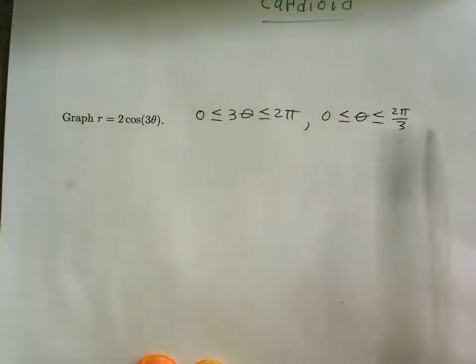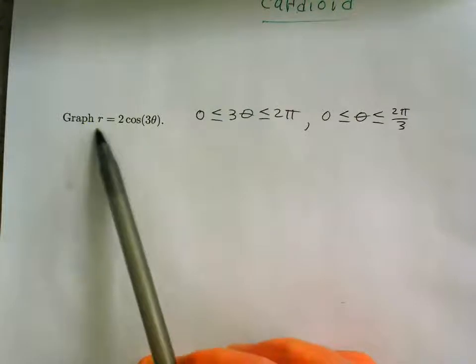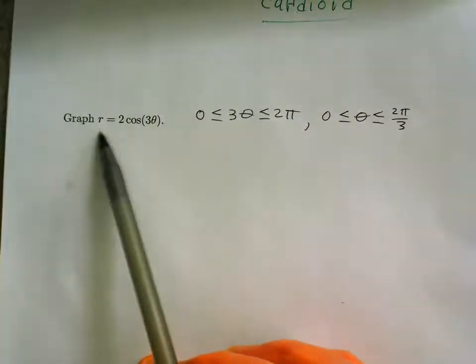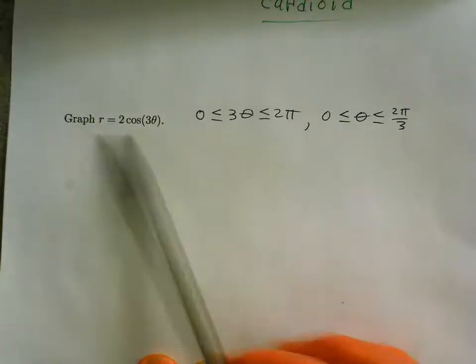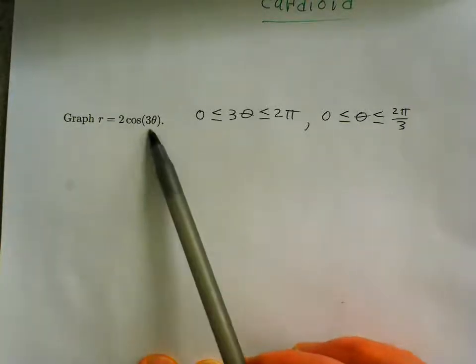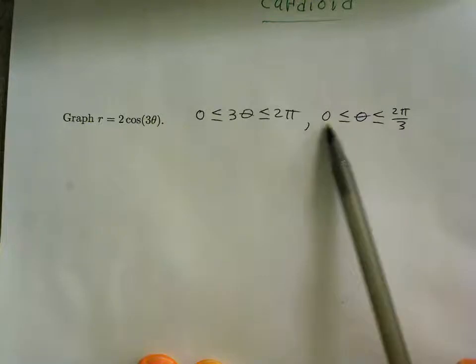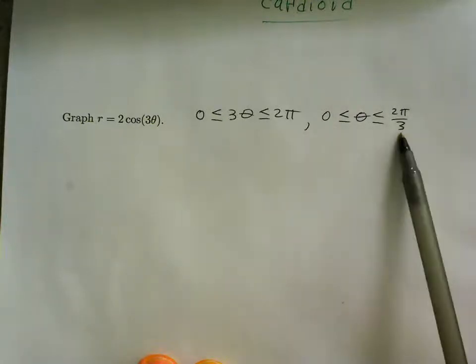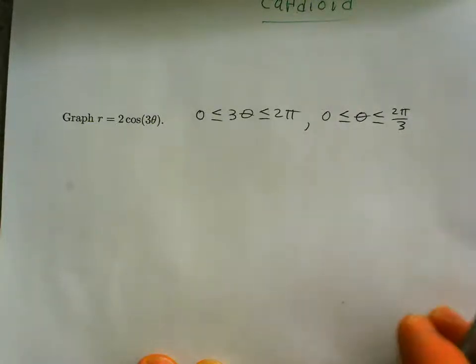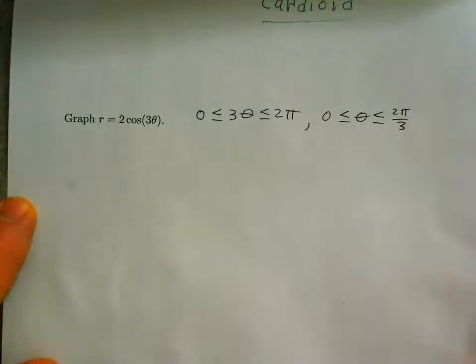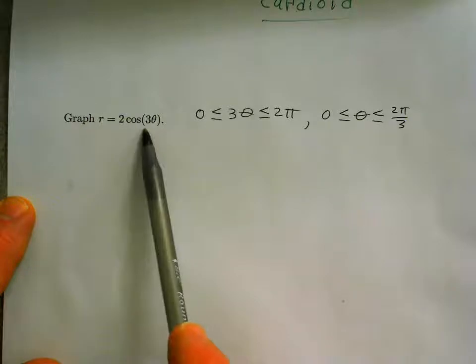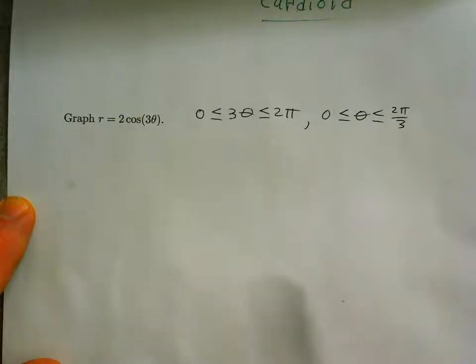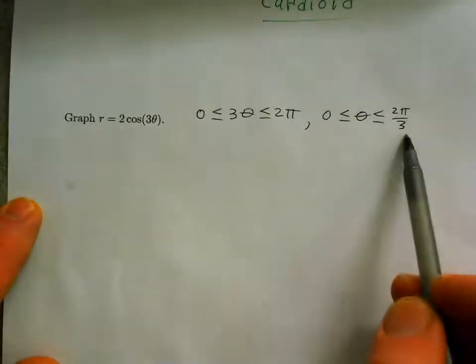So what this means is in rectangular coordinates, the graph of r equals 2 times cosine of 3 theta has a period of 2 pi over 3. So between 0 and 2 pi, the graph of this in rectangular coordinates has 3 periods, each of length 2 pi over 3.